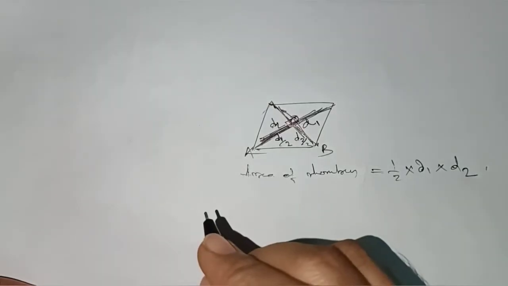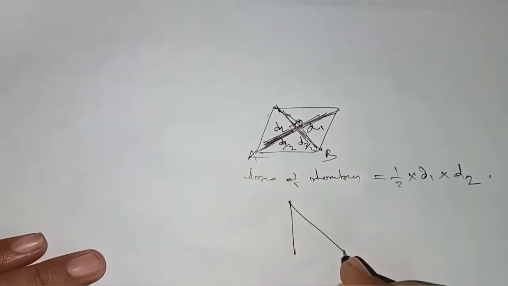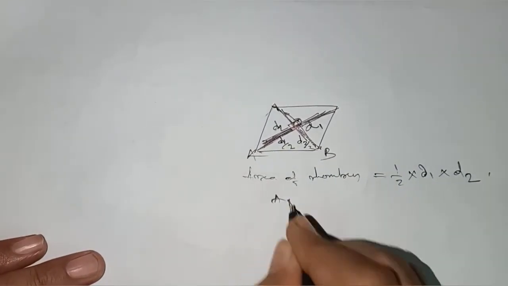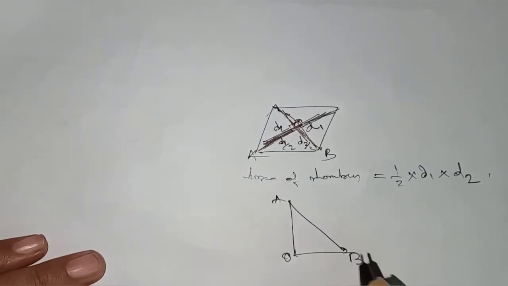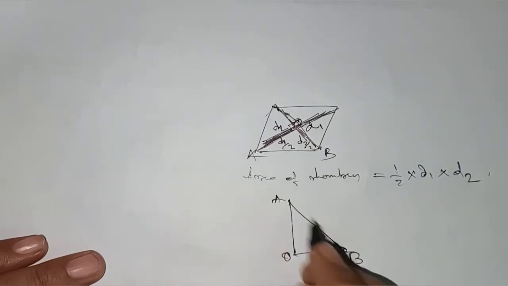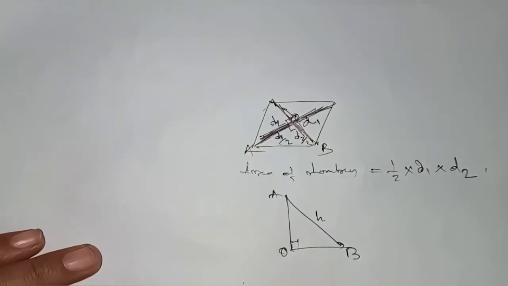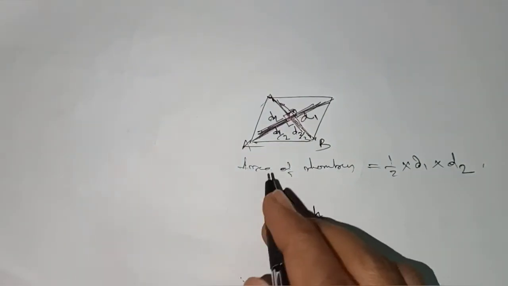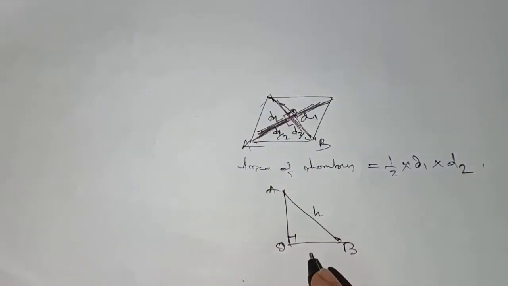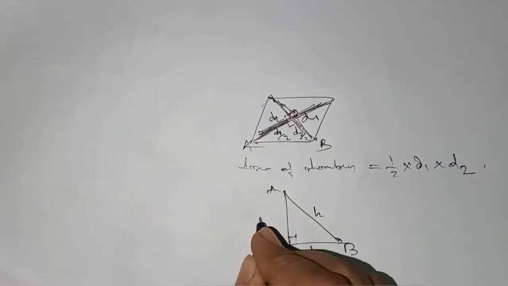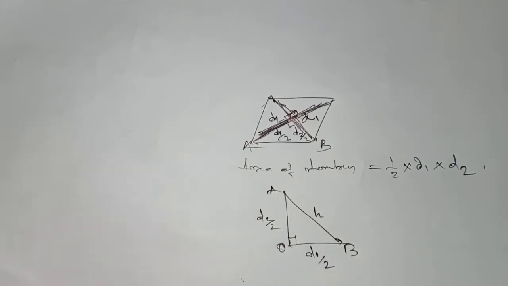Give a name, OAB, and we'll keep it like this, AOB. What you can see is that AB is your hypotenuse, as here we have 90 degrees, so it is a right angle triangle. We are getting this is OB, that is D1 by 2, and this is your D2 by 2. That means half of diagonal 1, half of diagonal 2.